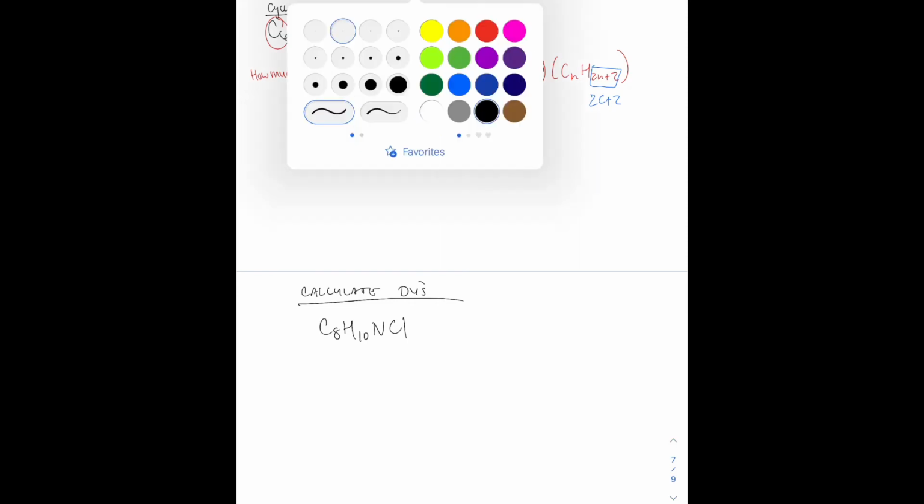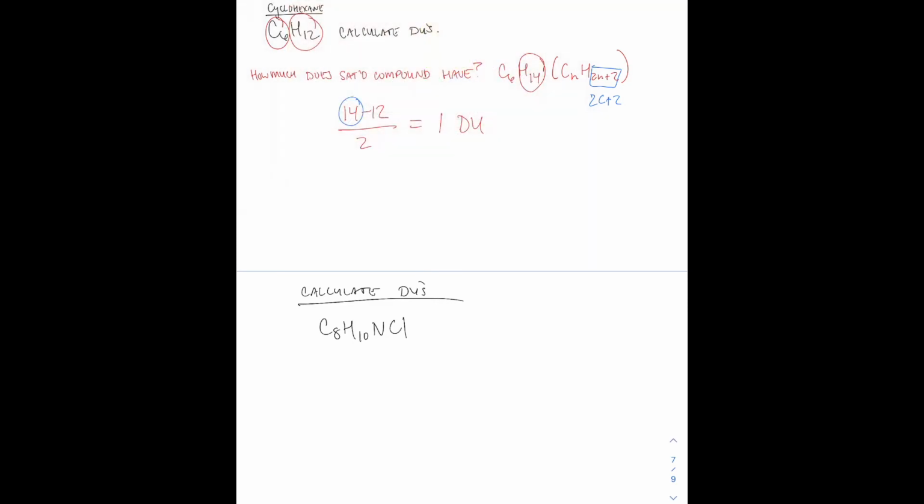Basically when you're calculating degrees of unsaturation, what you want to do is determine what a saturated hydrocarbon would have if it had the same number of carbons. In this case we have 8, so C8H18. That's what the normal saturated hydrocarbon would have.